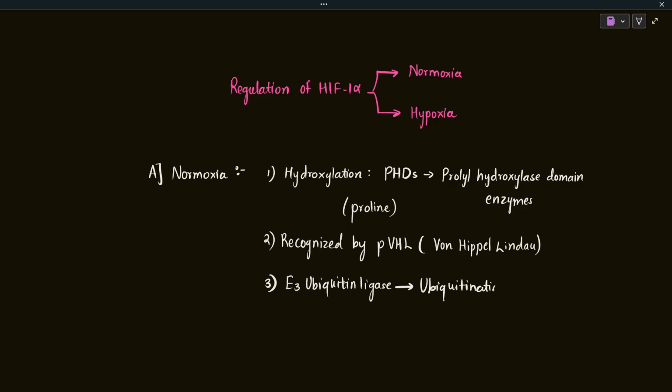We already know that ubiquitination is a mark for protein degradation. It suggests that this protein is meant to be degraded. So once the HIF-1 alpha is ubiquitinated, it undergoes proteasomal degradation.